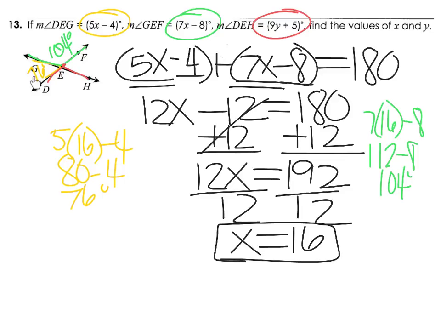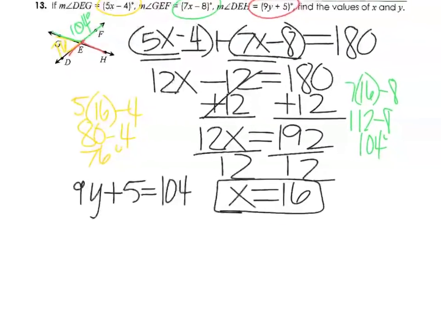So we could say 76 plus 9y plus 5 equals 180. Both would be correct ways of solving, and both would give us the same answer. So I'm just going to do it using the vertical angles way. So I'm going to say that 9y plus 5 equals 104 because they're vertical angles, so they are congruent.